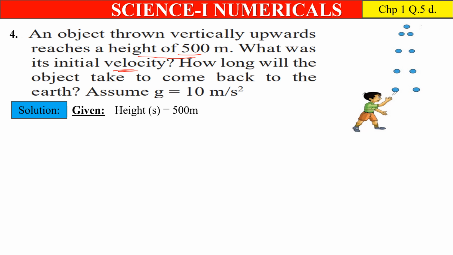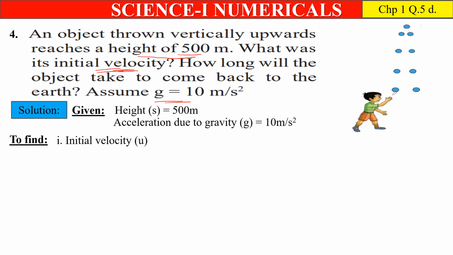Assume g is equal to 10 meter per second square. So acceleration due to gravity is equal to 10 meter per second square. We need to find initial velocity, and also it is asked how long will the object take. That means we have to find total time taken.